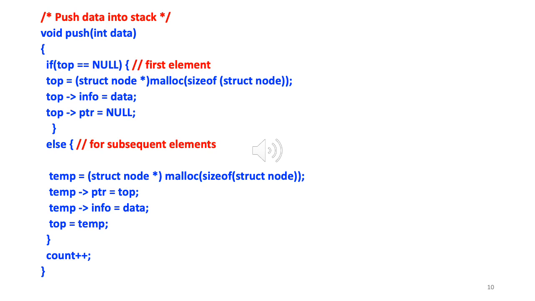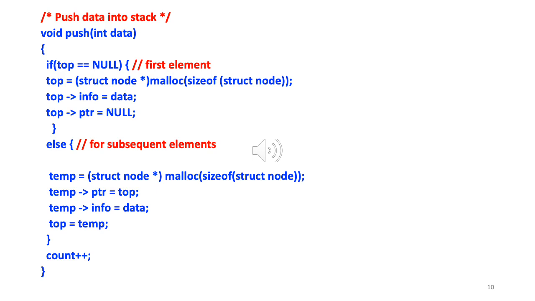Because every time you add a node, you have to create a link of that node with the previous node, right? So this temp arrow PTR equal to top is going to do that. Because we have not changed the top value yet, so the top value is still the memory location of the previous node, right?